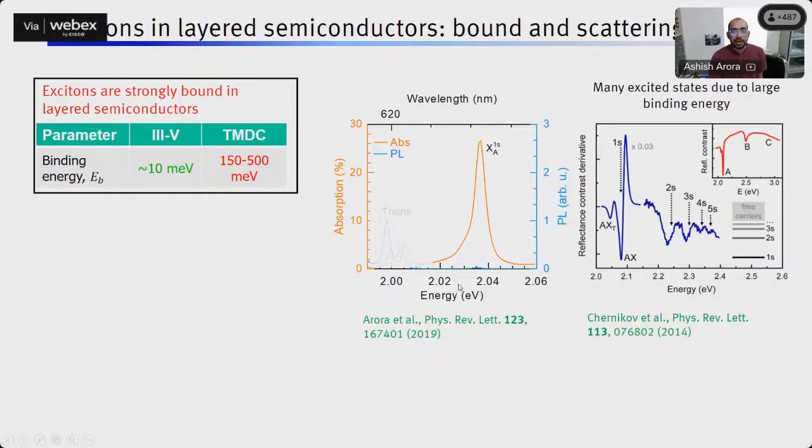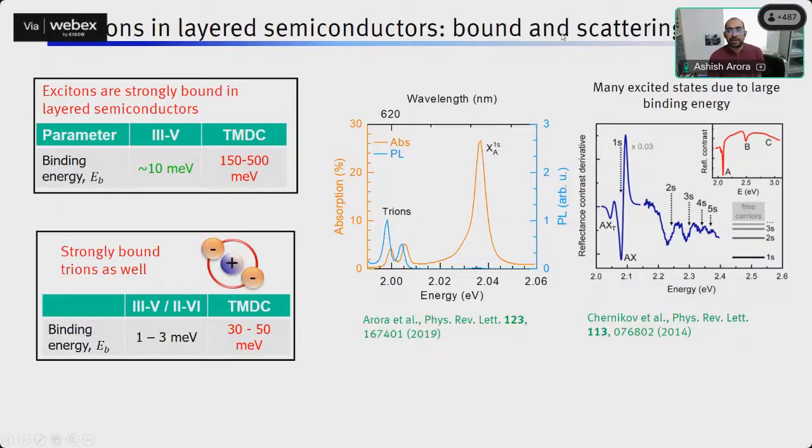Thirdly, not only that, we have these other particles called trions, which are essentially three-particle bound states. You have a hole, and then in the first shell, which is the 1s shell, there are two electrons, or you can have one electron and two holes. And these trions are also visible in the absorption spectrum. So one can do H-negative ion-like physics in solids.